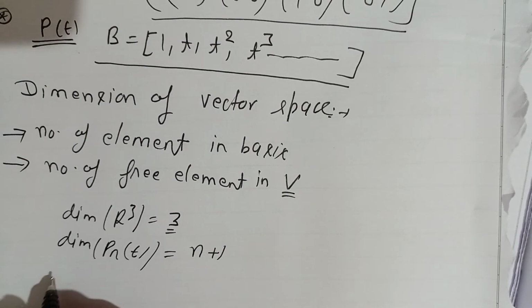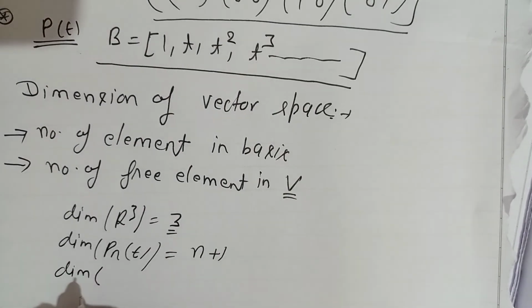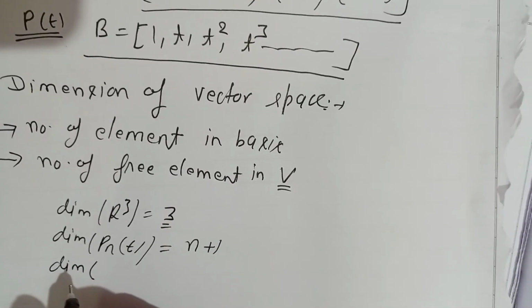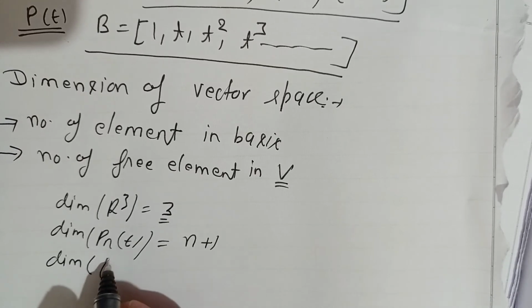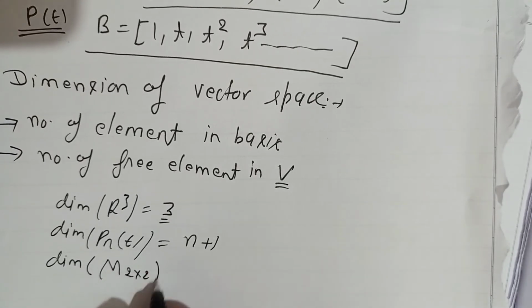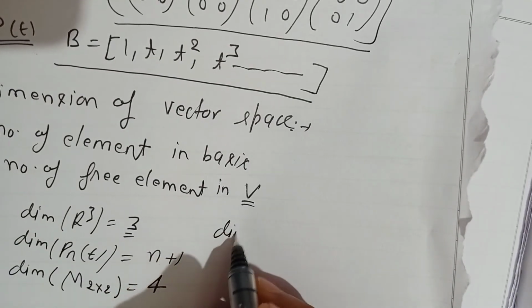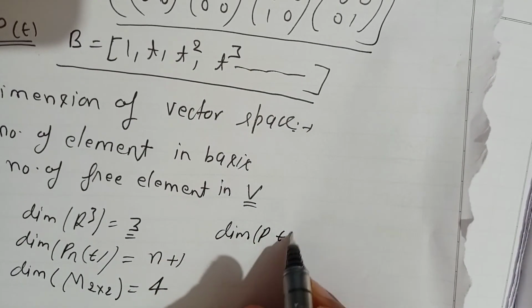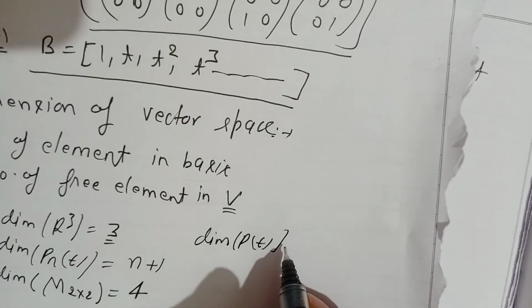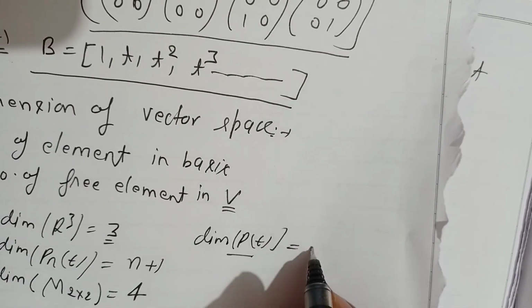Next we have the dimension of the set of all 2 cross 2 matrices. So 4. Fine. Now the dimension of P(t), the set of all polynomials, is infinity.